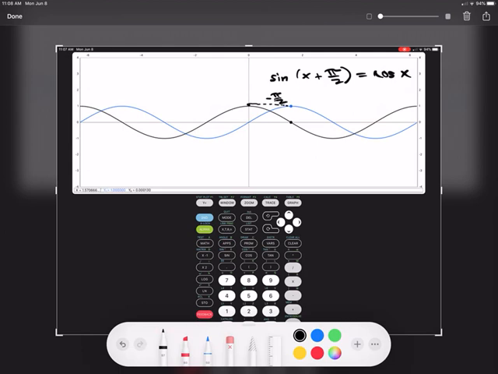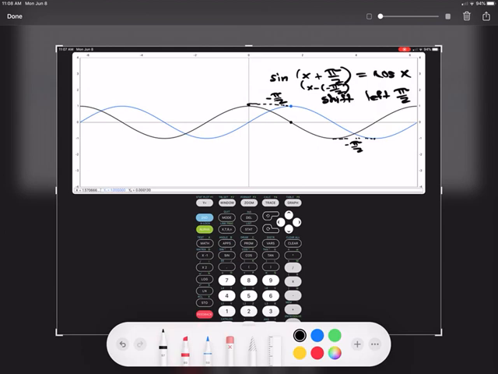That's what this is here: x minus negative pi over 2. Shift left pi over 2, 1.57 radians. So you can see that transformation. You can take every point and shift it left pi over 2, and you get your graph back.